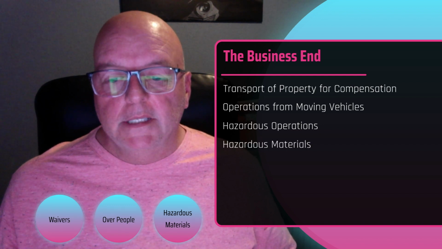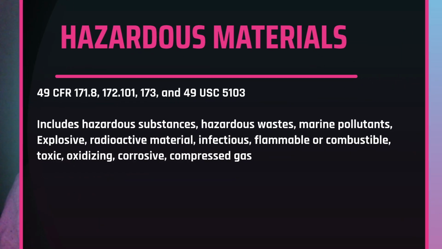So let's talk about hazardous materials. And this one, we've got to take a look in the little bubble down here because there's a little more to it. Let's take a look at this definition. Let's look at it up close. It says under 49 CFR 171.8, 172.101, 173, and 49 USC 5103 that it includes hazardous substances, hazardous wastes, marine pollutants, explosive, radioactive material, infectious, flammable, or combustibles, toxic, oxidizing, corrosive, or compressed gas.